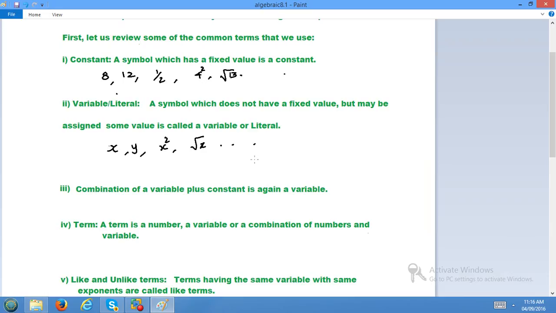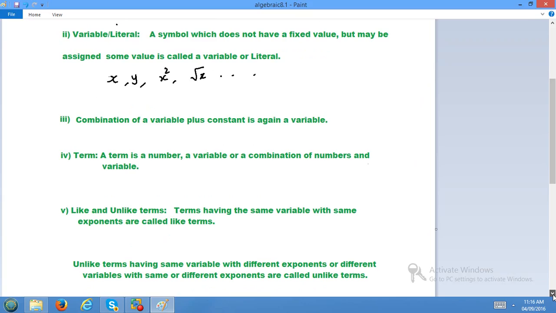It's a variable, but we assign the value. Some formula may work out for x equal to 2, and the same formula can work if x is equal to 3. So it may have more than one value, and we may assign some value also.